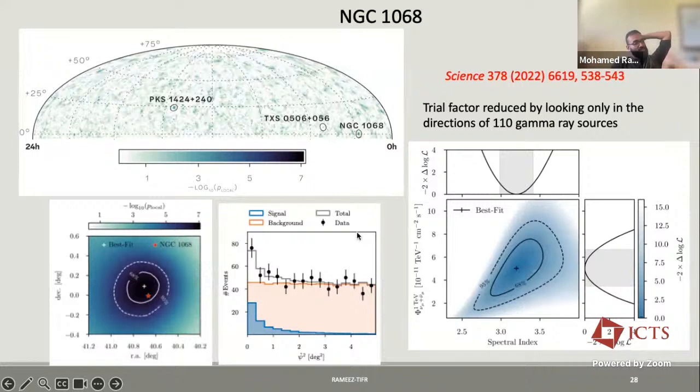But the basic idea is that because we are using information from gamma rays to look in the direction of promising sources, we are now able to more confidently say from a statistical point of view that there is an excess of events from the direction of this known source. So once again, the emphasis is that neutrino astronomy currently does not stand on its own. We are able to do astronomy with neutrinos only by factoring in information from other messengers.